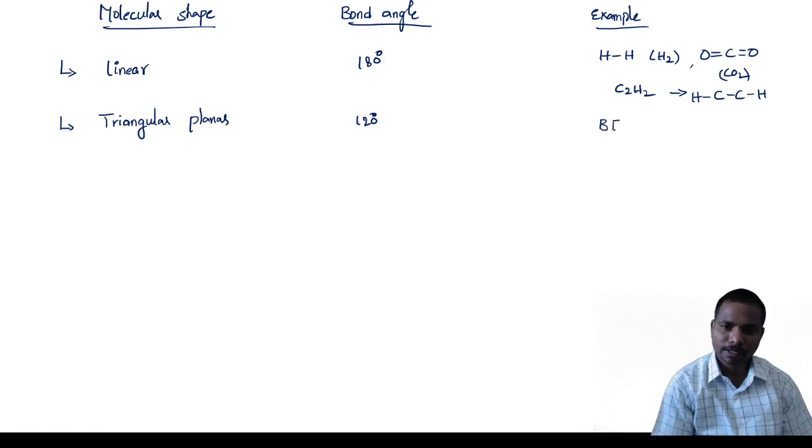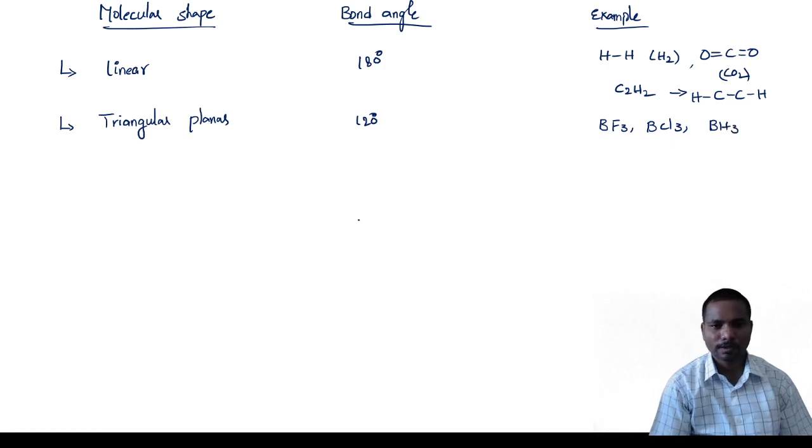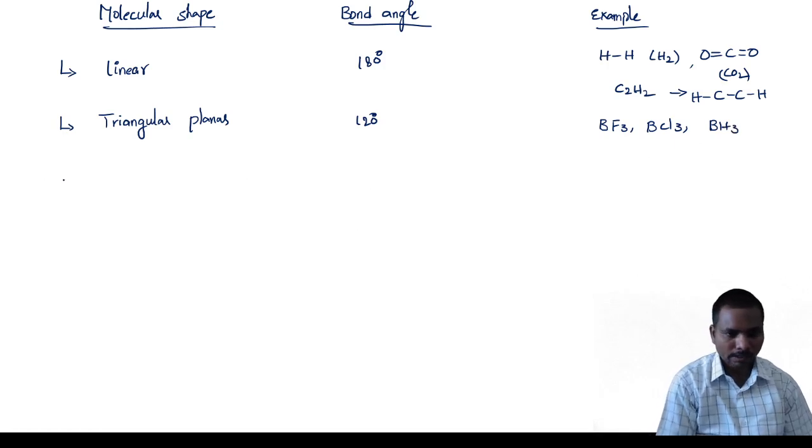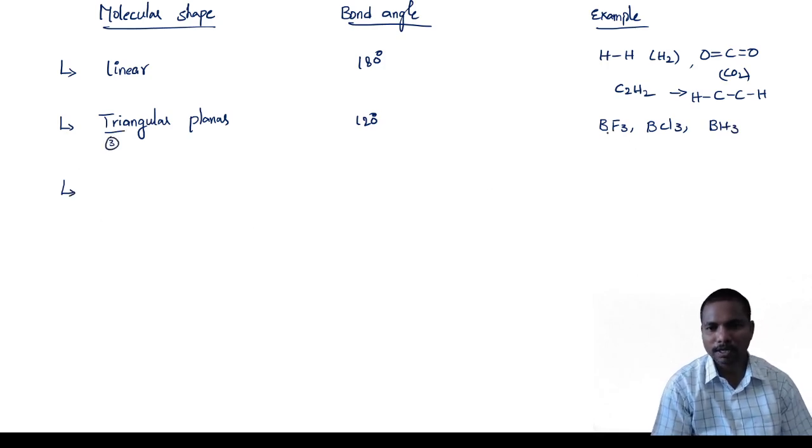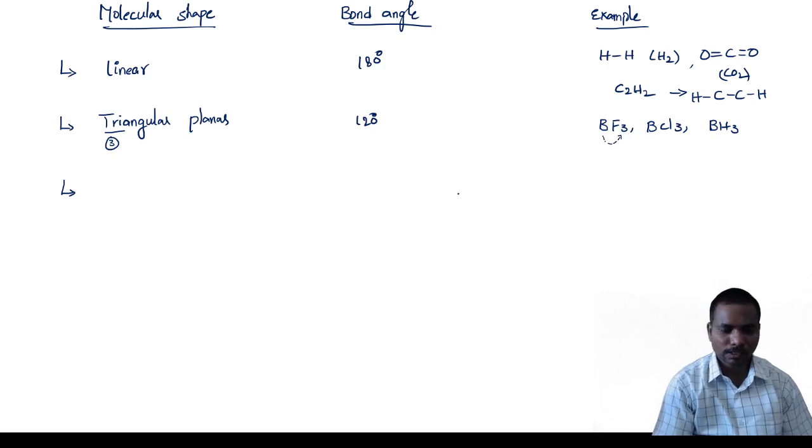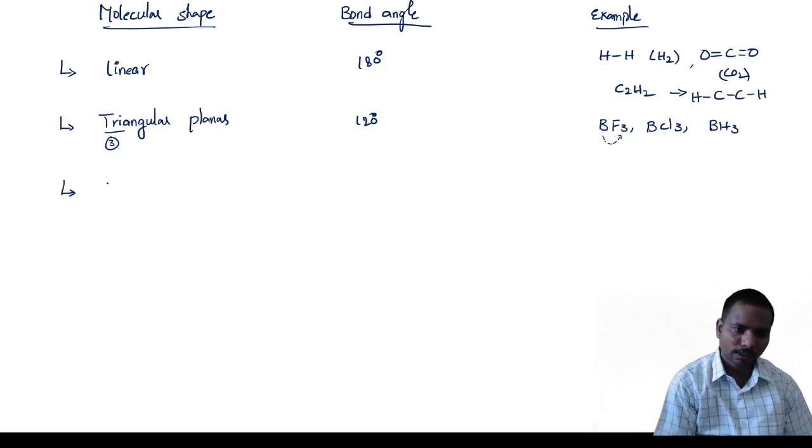Here BF3, BCl3, BH3, like that. Triangular means one atom forms bonds with the other 3.